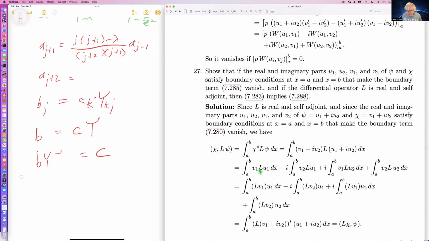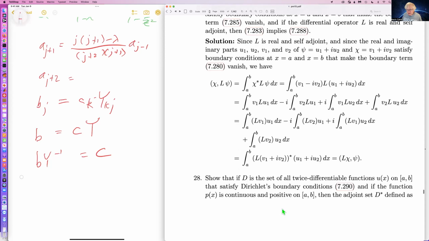But this is self-adjoint, and you've got the right boundary conditions, so you can rewrite this as L V1 U1, L V2 U1, L V1 U2, and L V2 U2. Then combining them, you see that this is L V altogether, star, times U1 plus i U2, which is psi, and so this is L chi psi. So this makes the complex operator L self-adjoint.